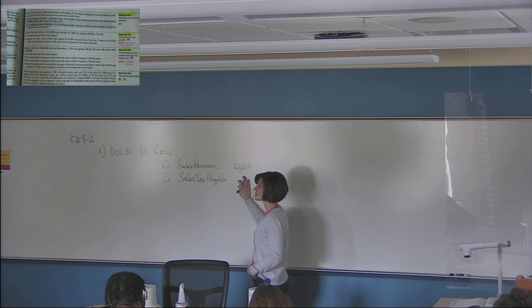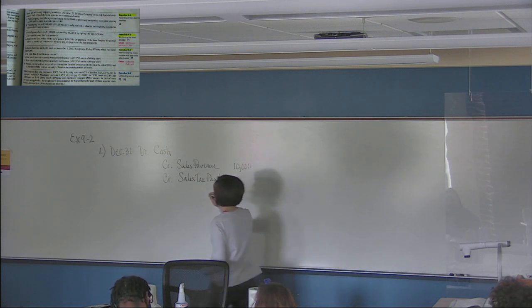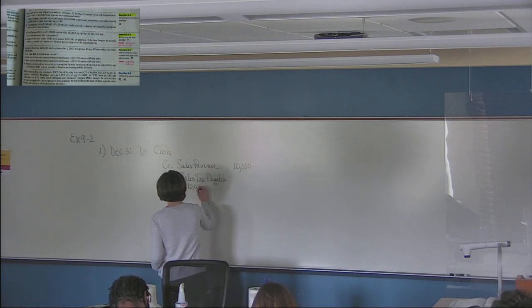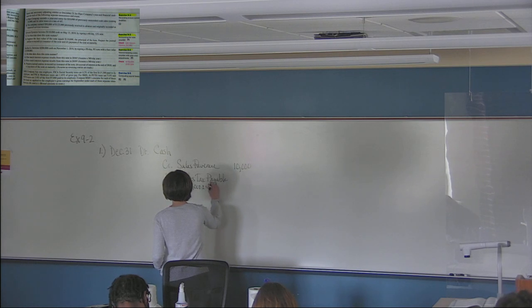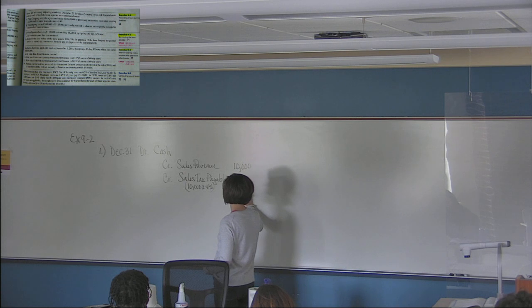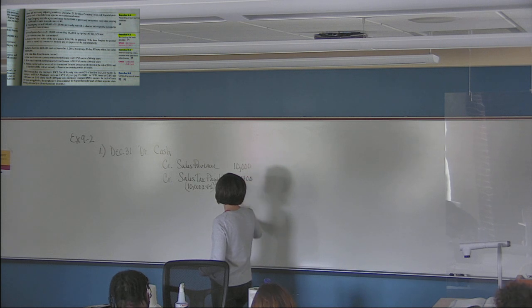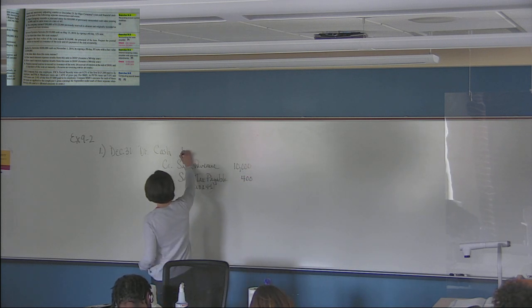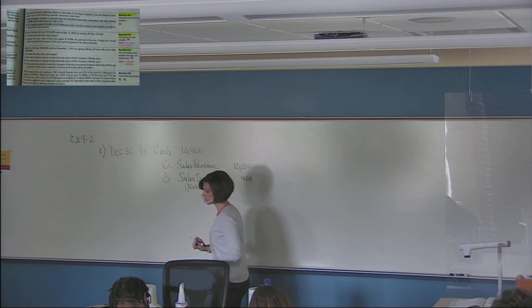Plus the 5% sales, or I'm sorry, 4% sales tax. So we're going to collect another 4% on the 10,000, which is... So how much cash would I be collecting? Yeah, you guys better know how to do this. I've done a couple of these now.